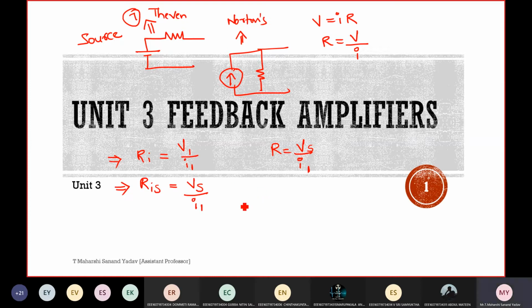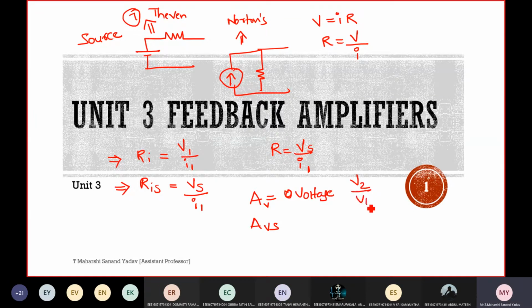And what is the difference between voltage gain and overall voltage gain? AV stands for output voltage by input voltage. Correct.